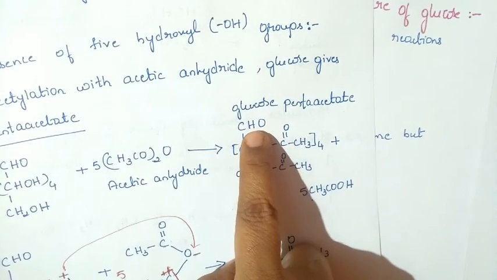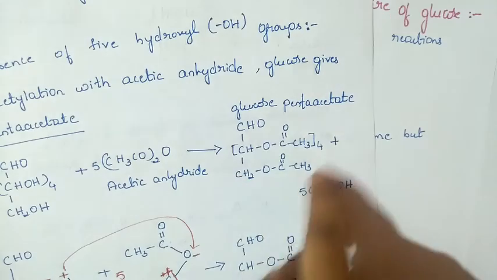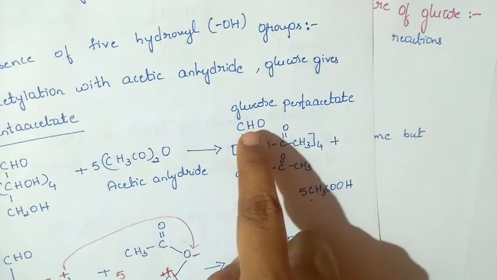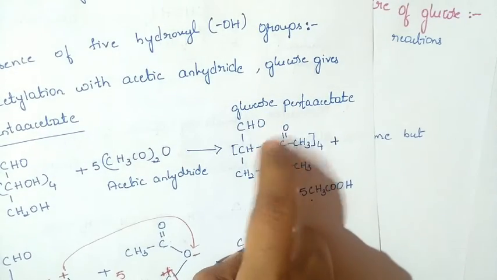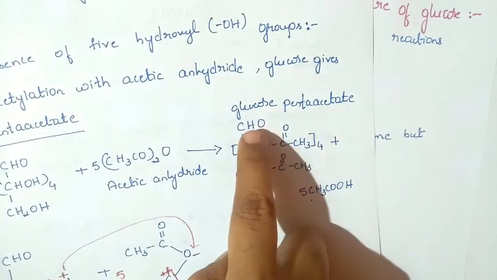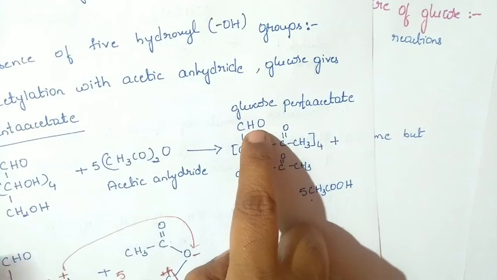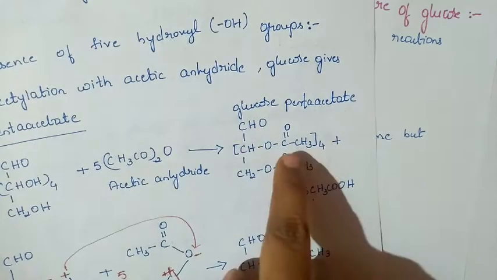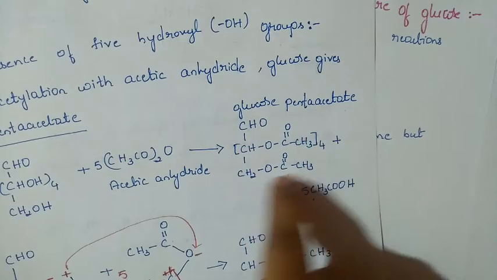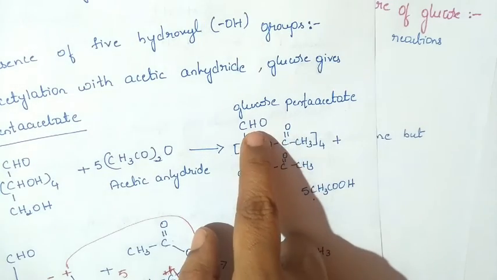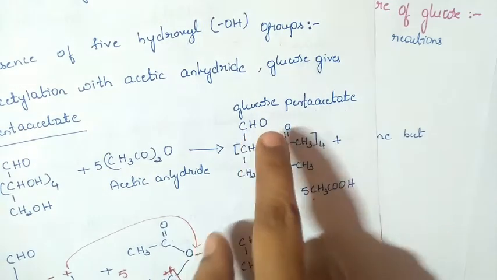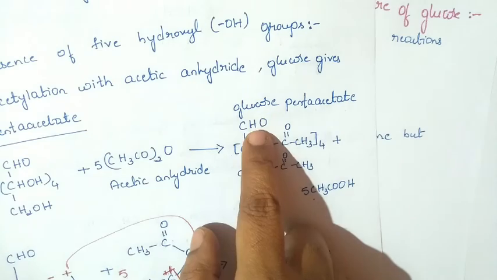If glucose pentaacetate is reacted with hydroxylamine, it should also form an oxime, because in glucose, hydroxylamine reacted only with the aldehydic group, not with the other groups. In glucose pentaacetate, other groups are there, but it should react only with the aldehydic group. But this reaction is not being seen.